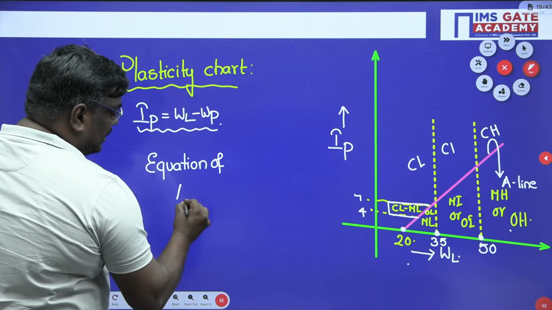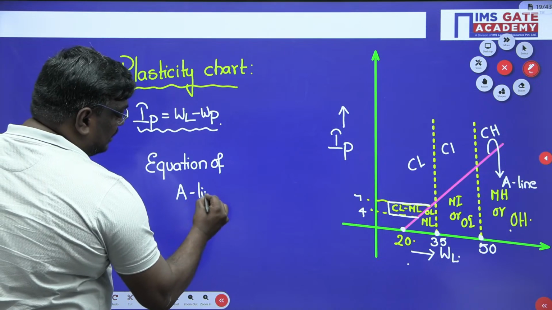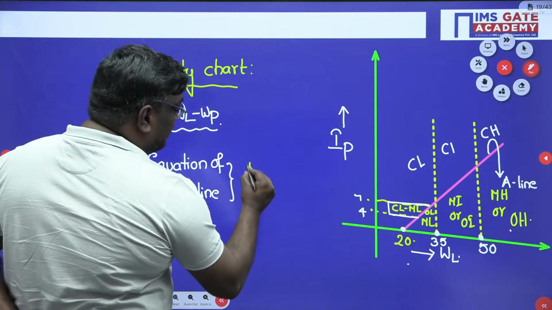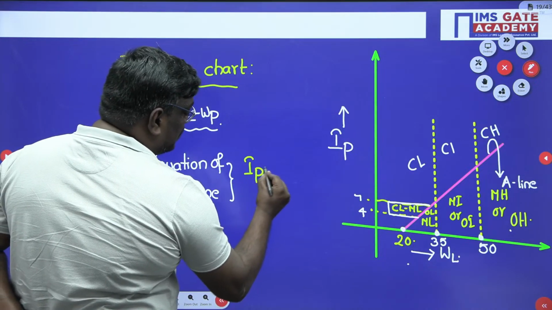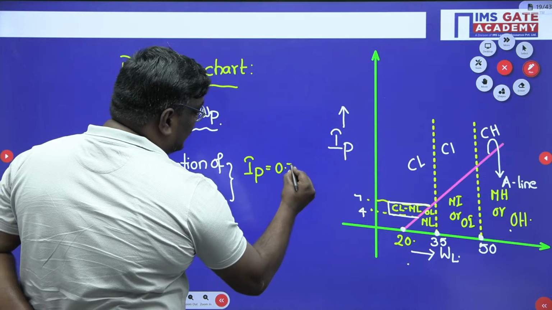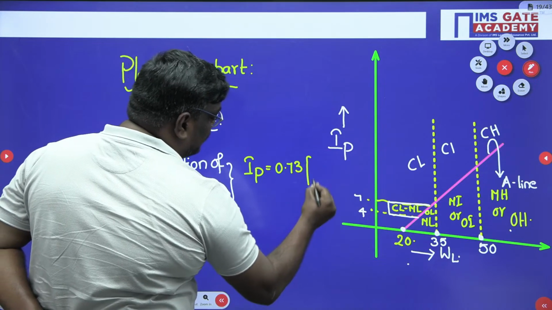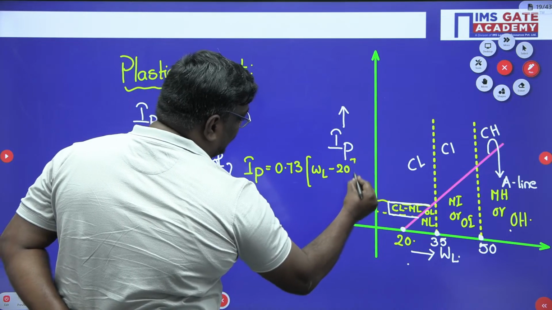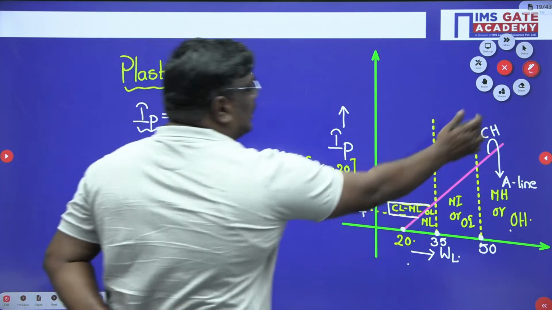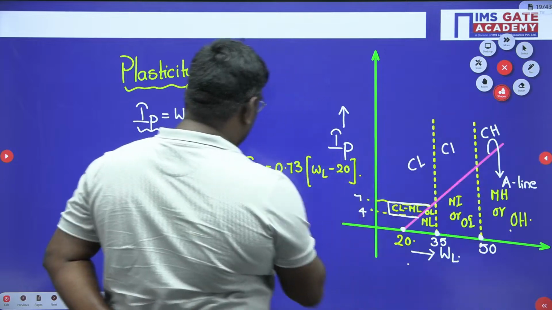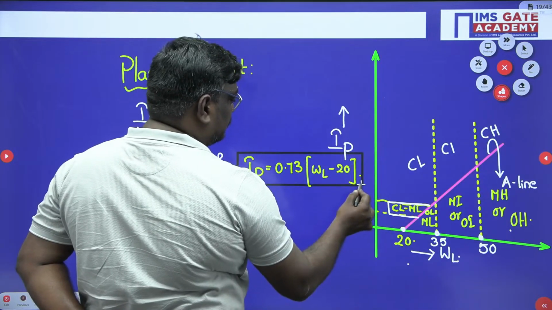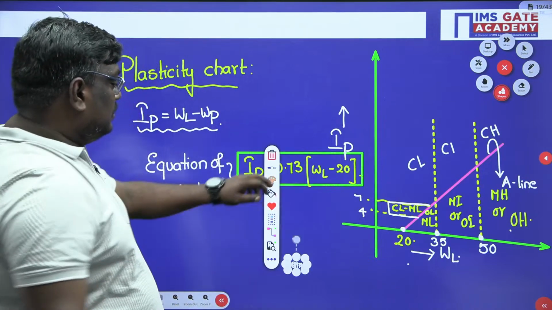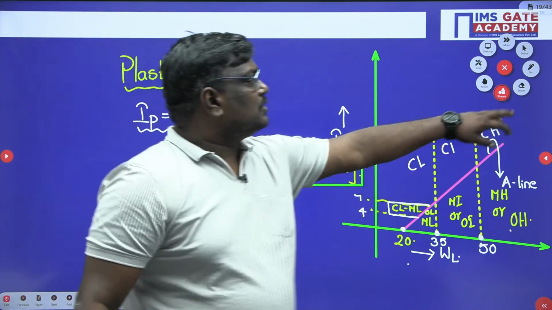The equation of the A line is IP equal to 0.73 into (WL minus 20). We call this the equation of the A line.